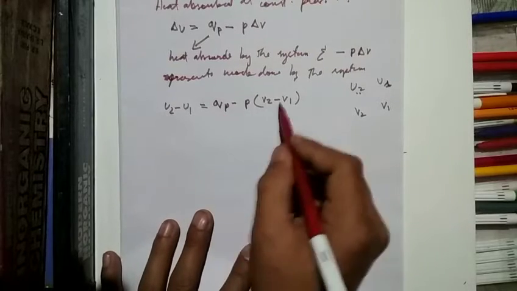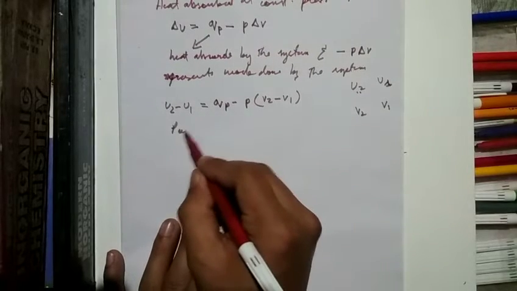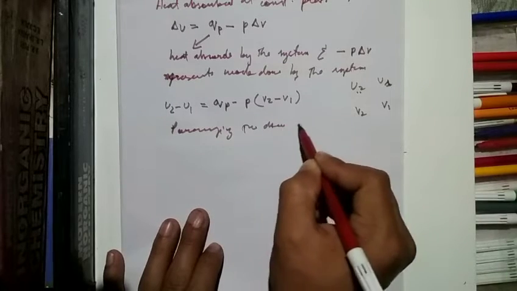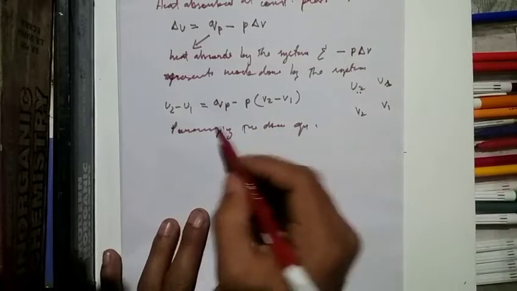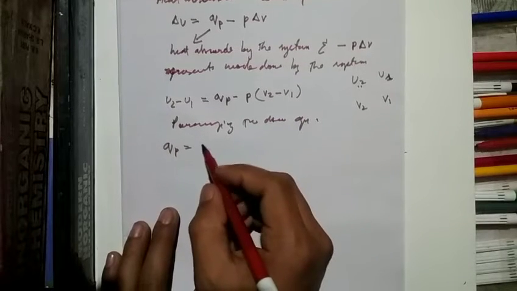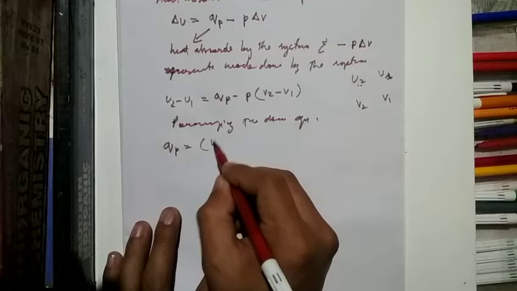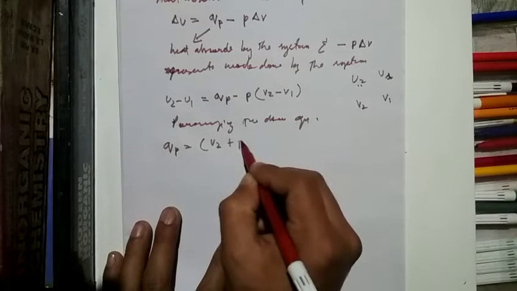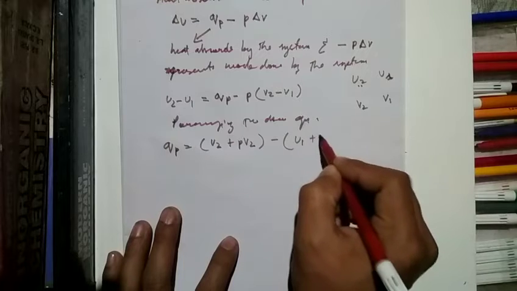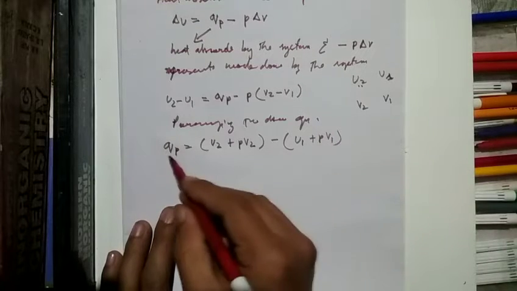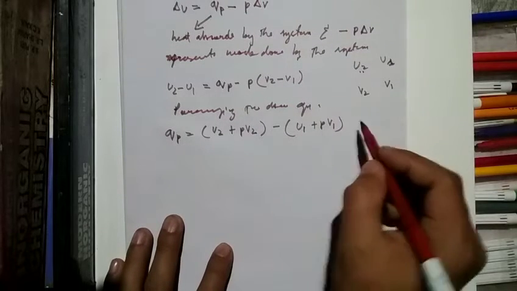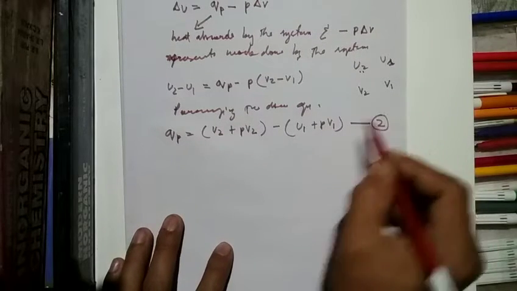Now let's rearrange the above equation. Let's take QP outside: QP equals (U2 plus PV2) minus (U1 plus PV1). So we have arranged this one. Now let's take this as equation 2.